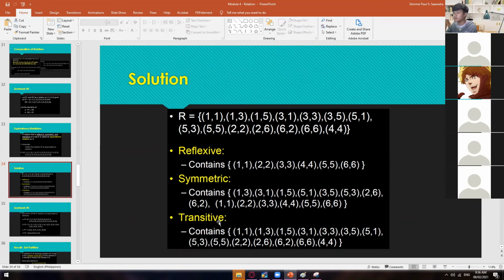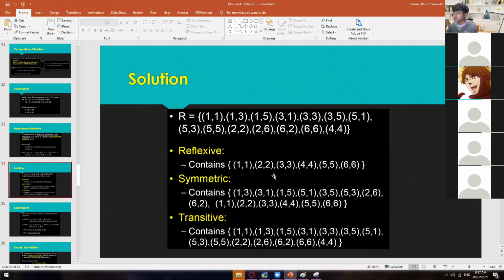And then this one also is transitive because we have 1, 1, 1, 3, and we have the 1, 3, which is this one. So just check everything on all of those: transitive, symmetric, and then reflexive. If all of those are checked, then that one is an equivalence relation.